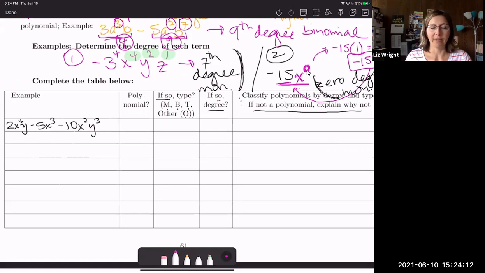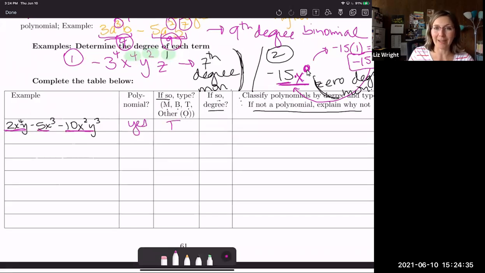No. Do we have any variables in the denominator? No. Okay, so that means yes, it's a polynomial. If so, what type? Well, let's count the terms. One term, because they're going to be separated by addition or subtraction signs. 2 terms, 3 terms. So it's a trinomial.